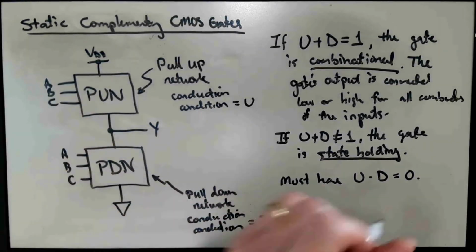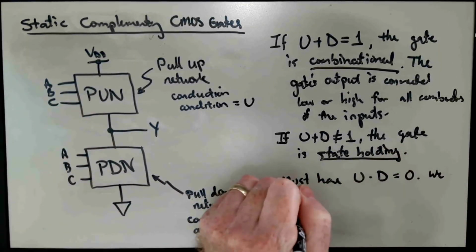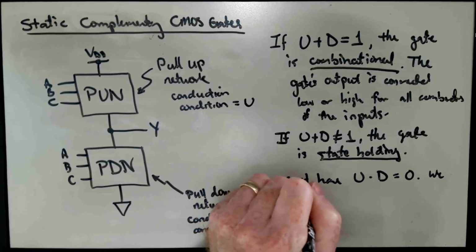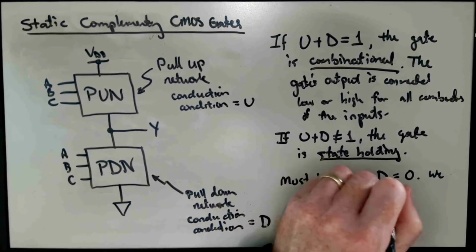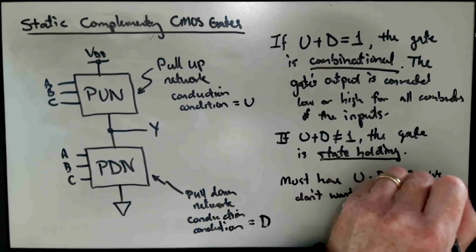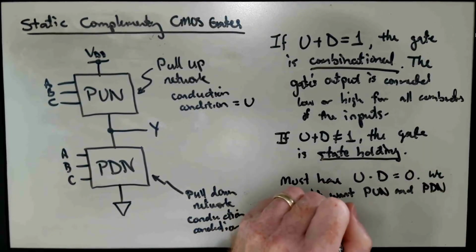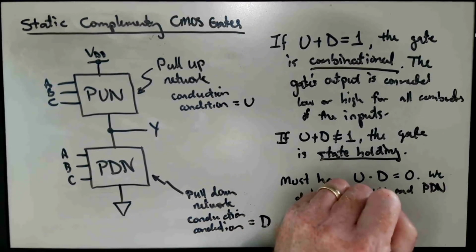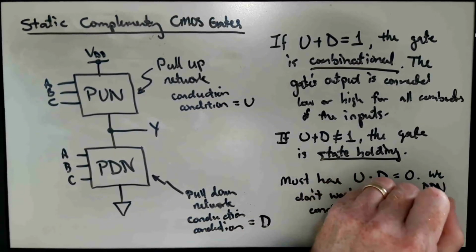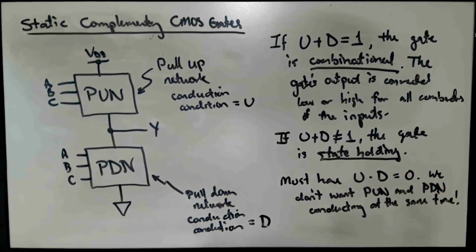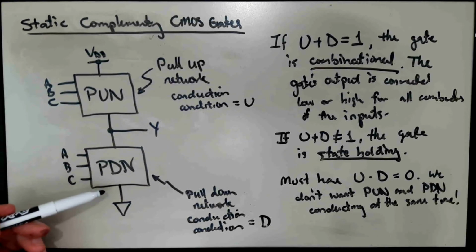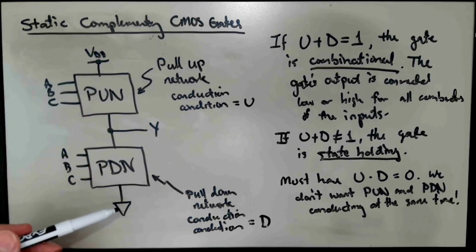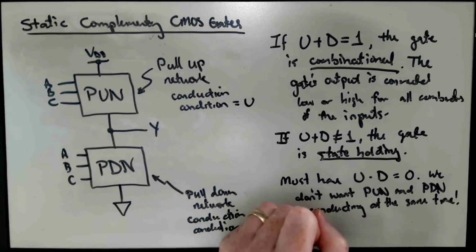That means we never want a situation where both the pull-up network and the pull-down network are conducting at the same time. What that leads to is a short between VDD and ground. So that leads to power consumption.